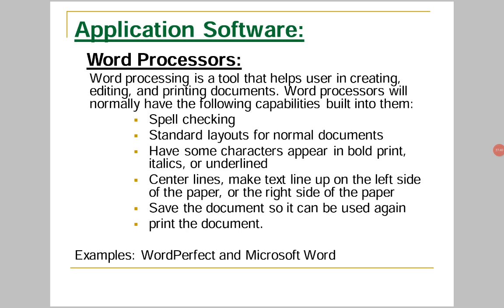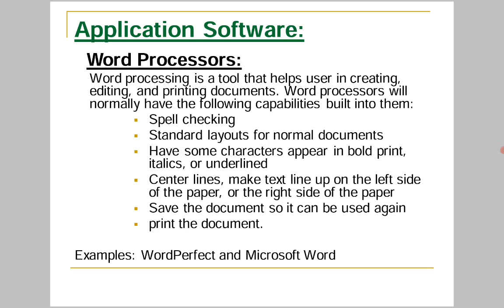The next application software we may regularly use is word processors. What are word processors? A word processor is a tool that helps the user in creating, editing and printing documents. Word processors will normally have the following capabilities.